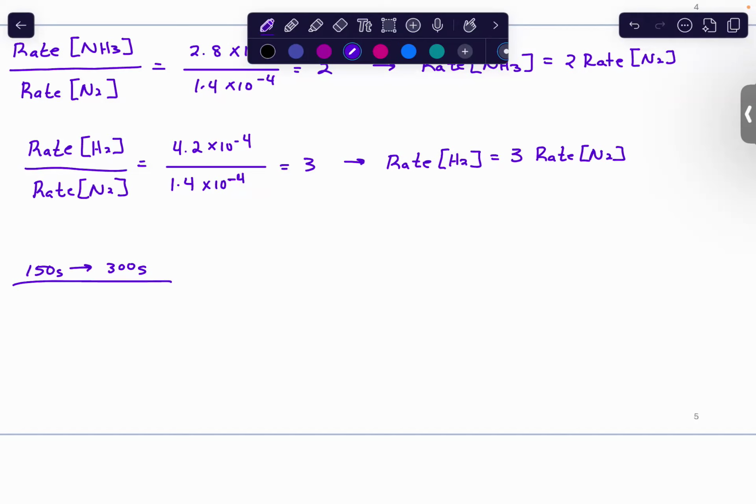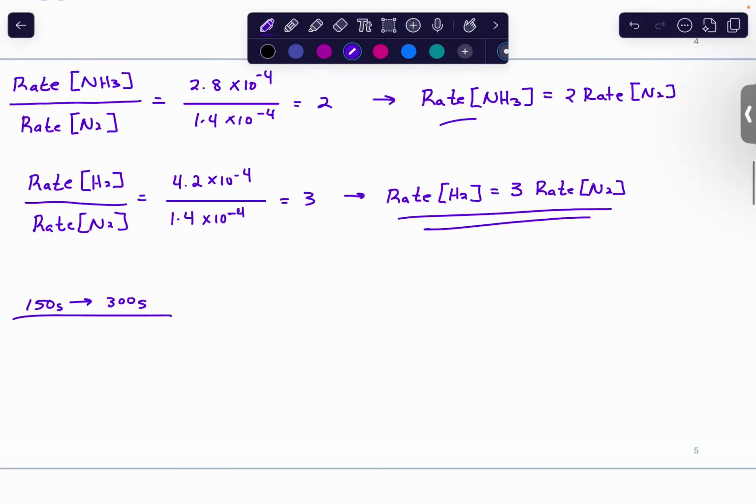You're going to get these exact ratios over again. On a longer time scale like this, your rate of H2 to N2 will come out to be about 3.1 after rounding, but you're going to round that down to 3. Your ammonia to nitrogen rates is going to come out to be about 2.1, but you're still getting these overall same ratios. Okay.